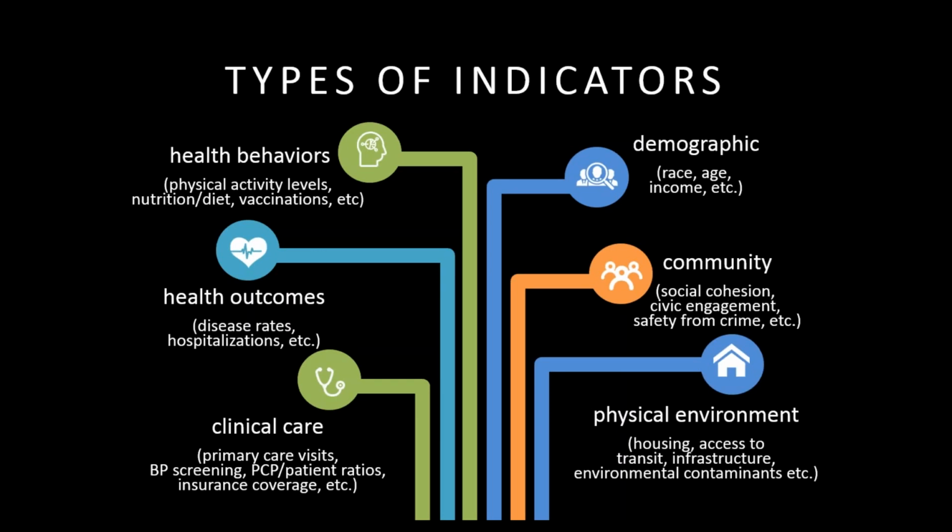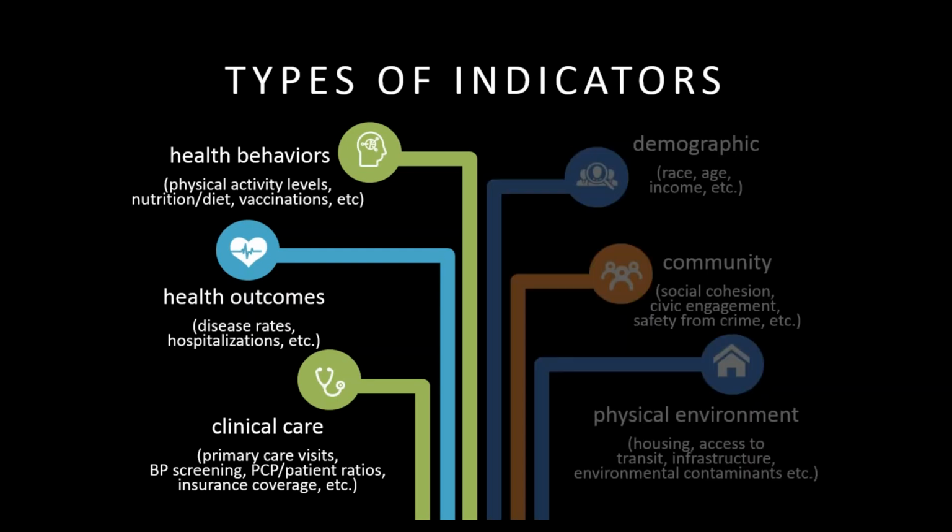So this could include things like housing, access to transit, the kind of built environment infrastructure they have around them, such as access to healthy food retail locations. It also includes things like environmental contaminants, so air particulate matter, how close you live to a highway. So those kinds of factors also impact people's health pretty significantly.